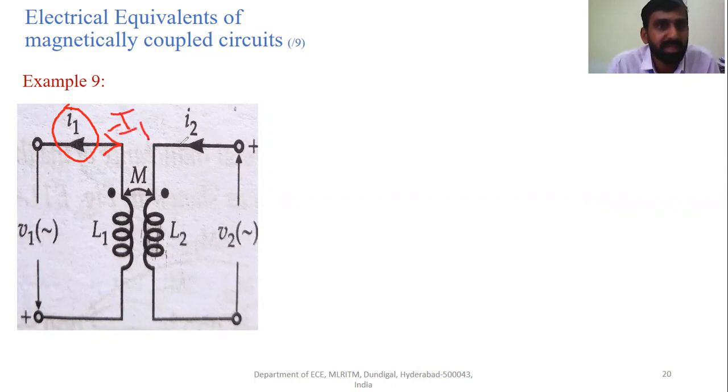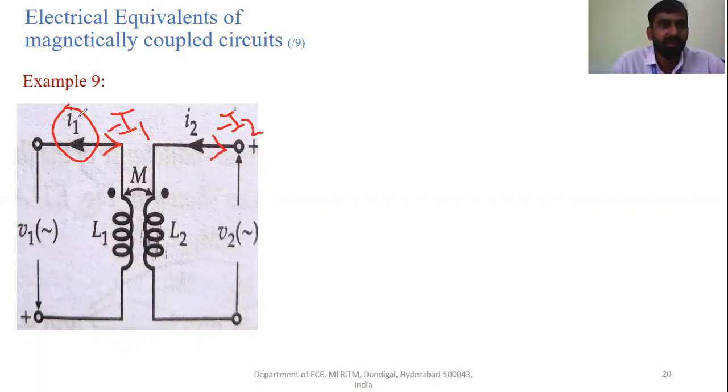Or if we reverse the direction of I2, this is going to become minus I2. We can say the current minus I1 is entering through the dot, or I2 is entering through the dot, or else I1 is leaving through the dot or minus I2 is leaving through the dot. Anything we can say, right?